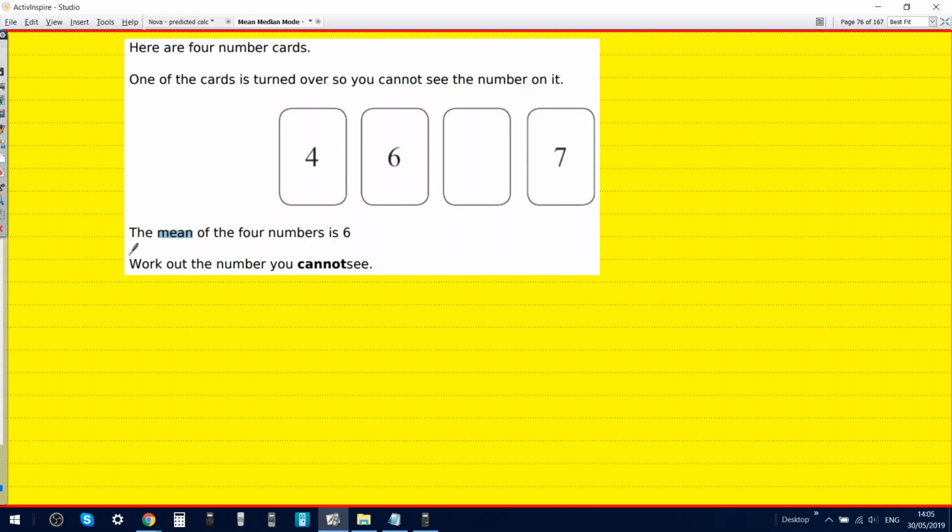So we want to know what the total is. 4 plus 6 plus 7, that's 17. So 17 plus question mark.